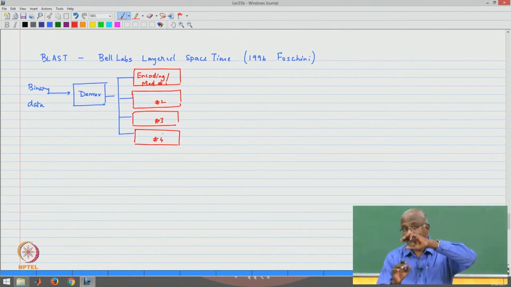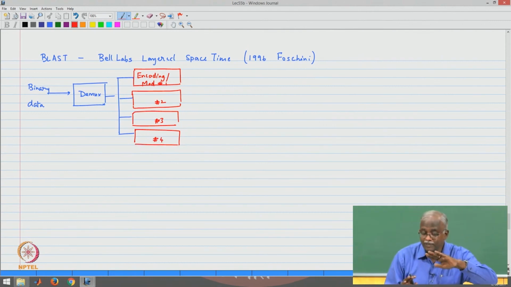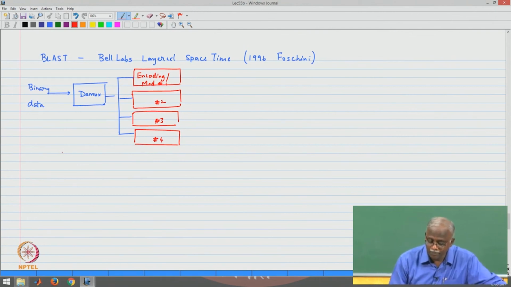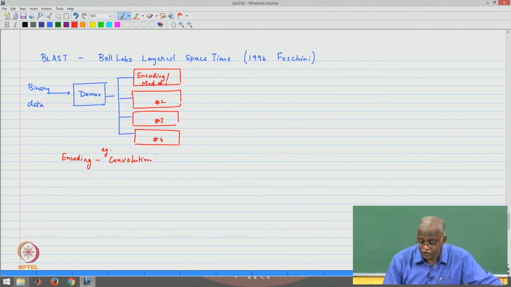Notice we have already segregated the streams, and for each of these streams we do modulation and encoding independent of the others, and typically we can use encoding methods such as convolutional codes. So, conventional coding, as an example, would be convolutional codes or block codes, any of the standard codes that we are familiar with.